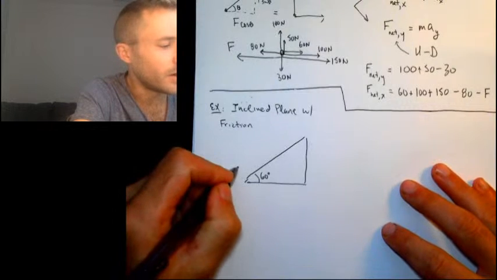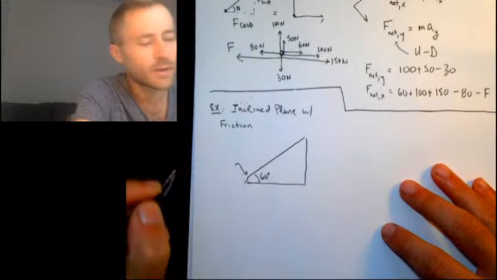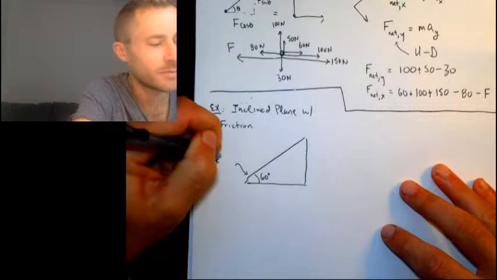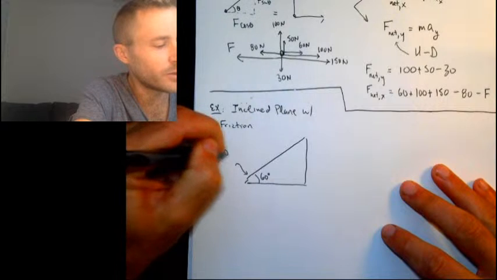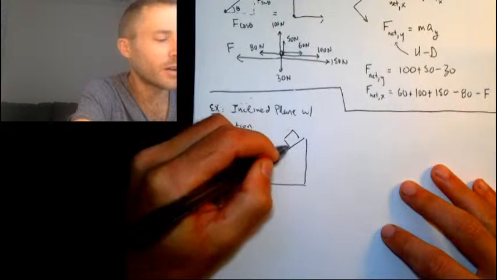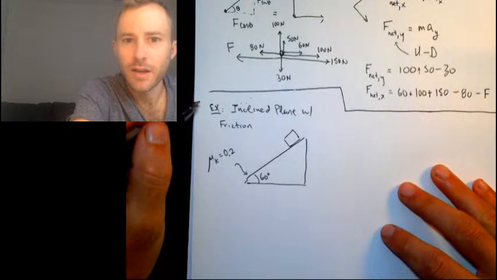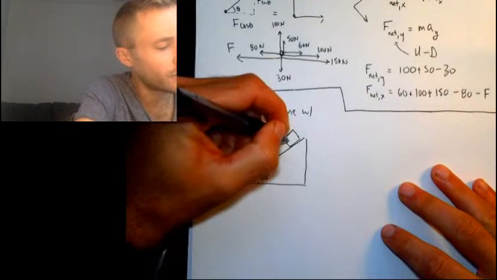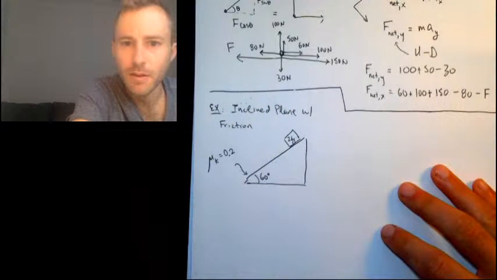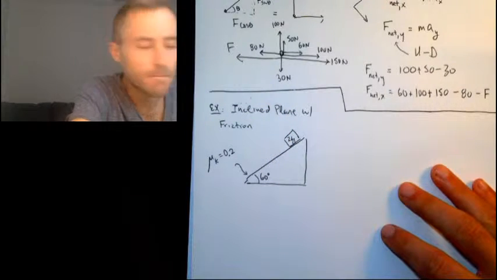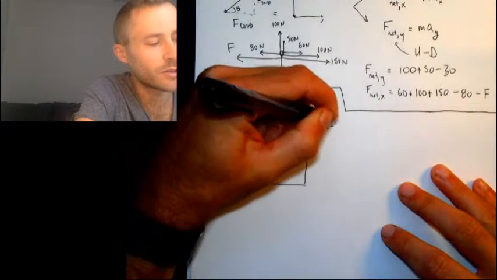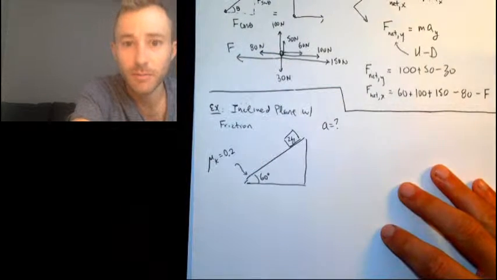There is a coefficient of friction, mu sub k, equal to 0.2. We put a block on the inclined plane, and the block has a mass of, let's say, 2 kilograms. And what we want to know is, what is the acceleration of the block?